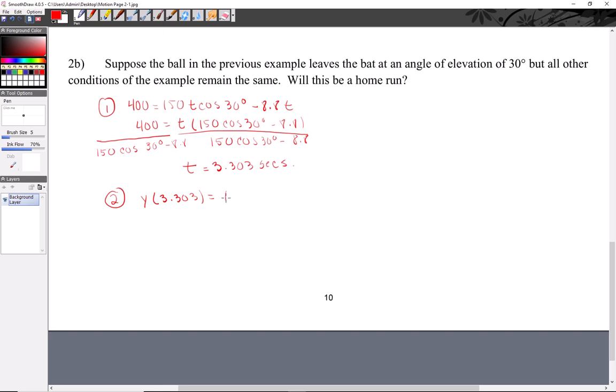That'll equal 150 times 3.303, sine 60 degrees, minus 16 times 3.303 squared, plus 3. And this is what you should have gotten: 76.770 feet. So yes, that would be a home run.